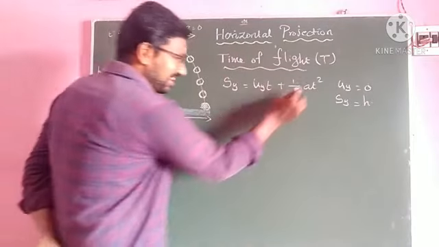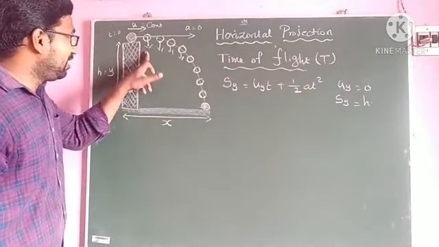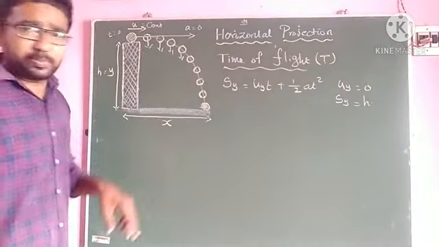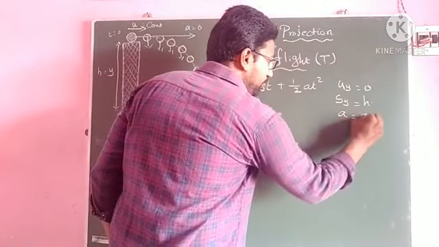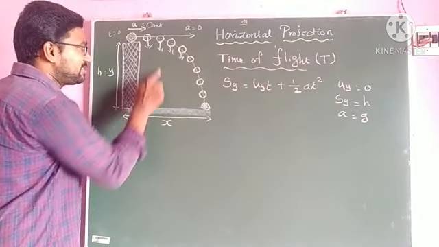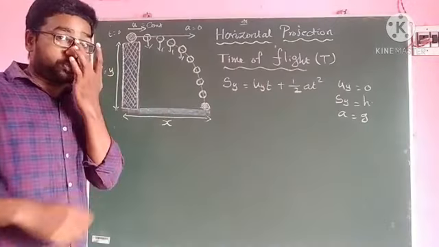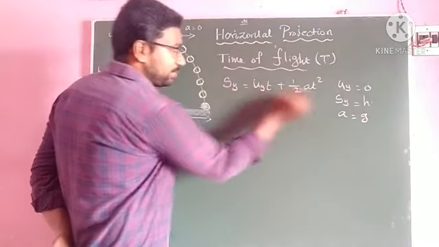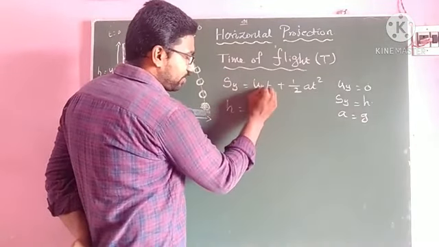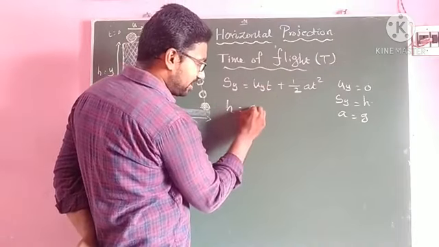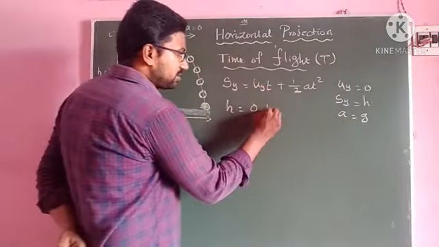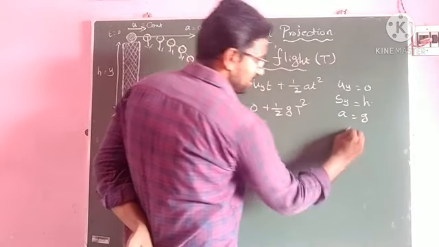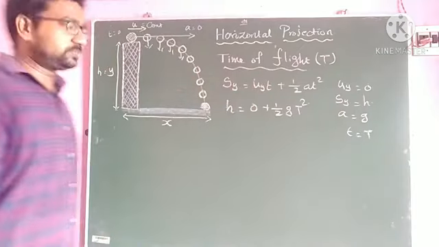And then what is the a value? Here the projectile is fully under gravitation. So a can be replaced by g, because at every point of the projectile, gravitation is attracting with the value of 9.8. Let me substitute these values. Sy can be replaced by h, and h is equal to uy t, where the initial vertical velocity becomes 0, plus 1 by 2 g t square. I take t as capital T, the time of flight.